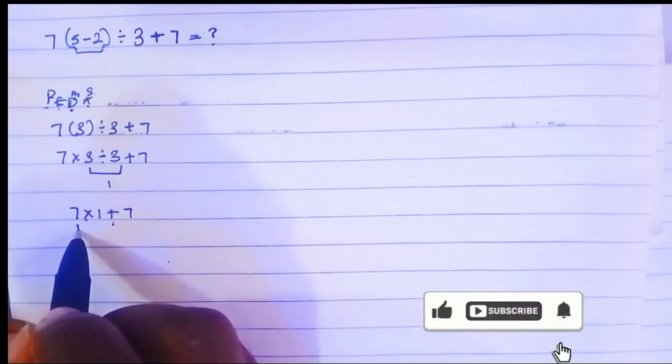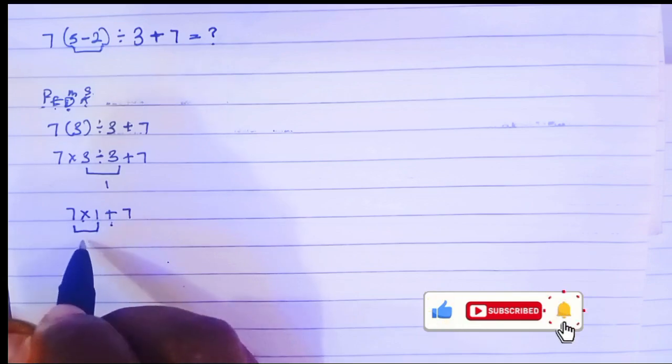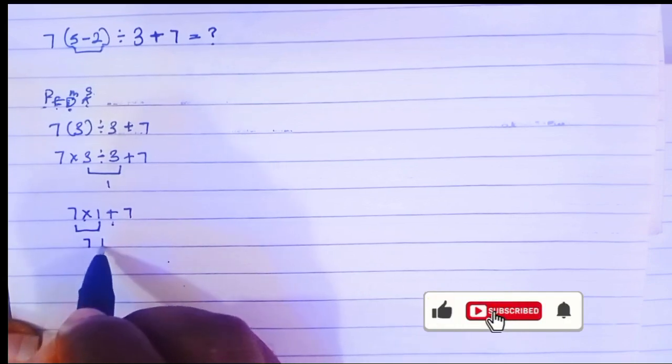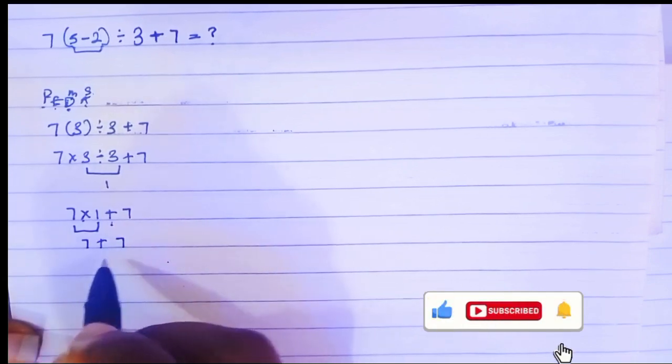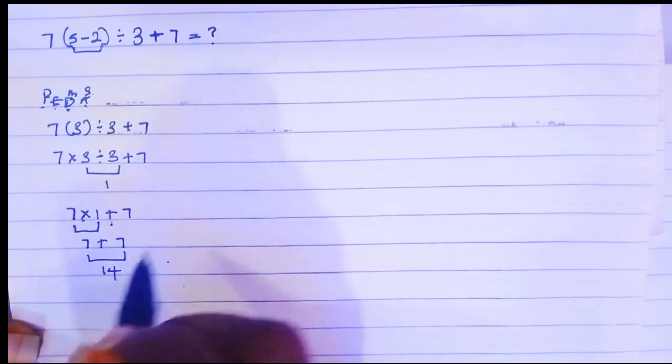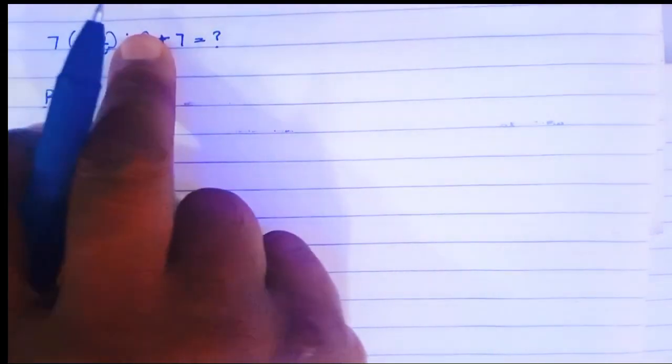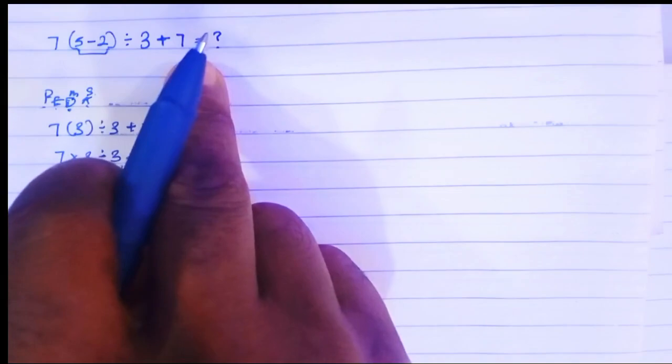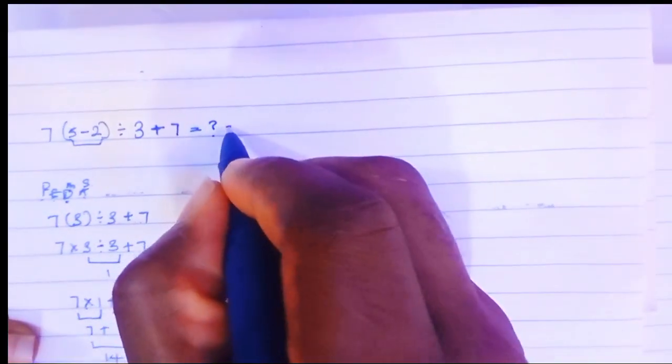So go by saying 7 times 1, 7 plus 7. 7 plus 7, 14. So here in this expression, the right answer here is 14.